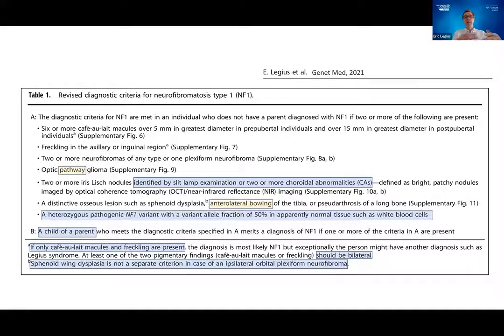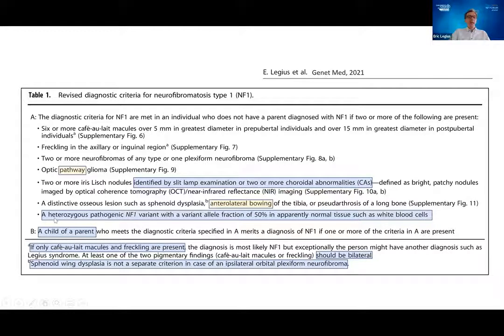So you can still make a clinical diagnosis without the need of proving this by a molecular test. So this will make sure that all over the world, where there is a different access towards molecular genetic testing, you still can make a diagnosis of neurofibromatosis type 1, but without molecular testing.